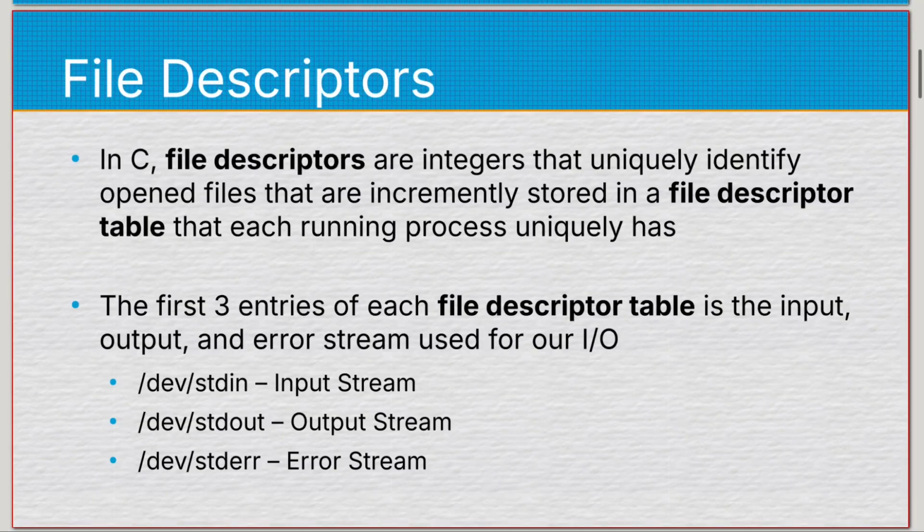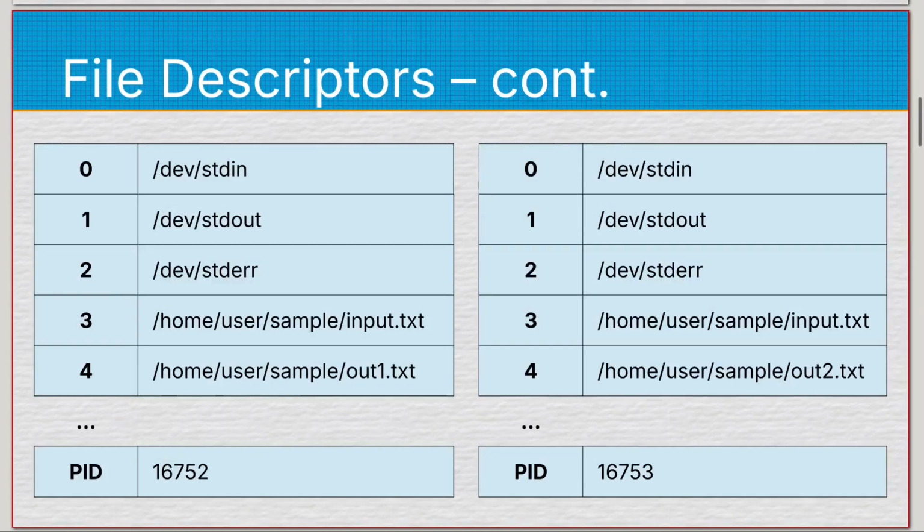Of each one of these file descriptor tables, the first three entries will always be the same: the standard input stream, standard output stream, and the standard error stream. This will always be consistent for processes using C. Now, it is something a bit like this. As you can see, I have two processes going on.